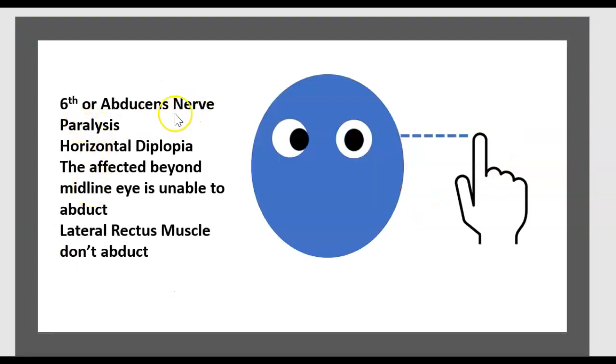Sixth or abducens nerve palsy, horizontal diplopia. The affected eye beyond the midline is unable to abduct. The lateral rectus muscle doesn't abduct. Why? Because the nucleus of 6 and the nucleus of branchiomotor 7 are close to each other.